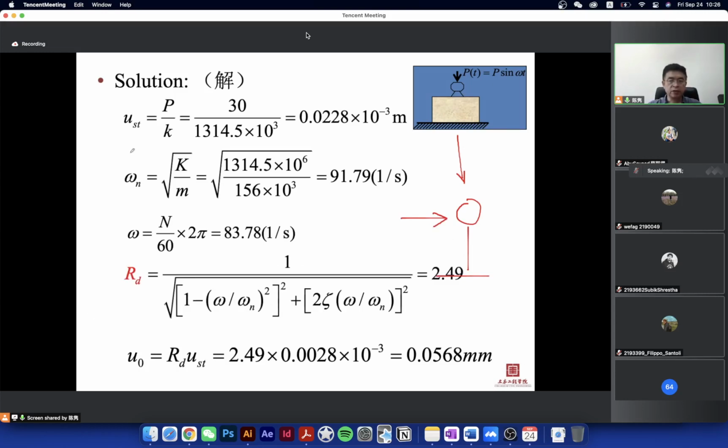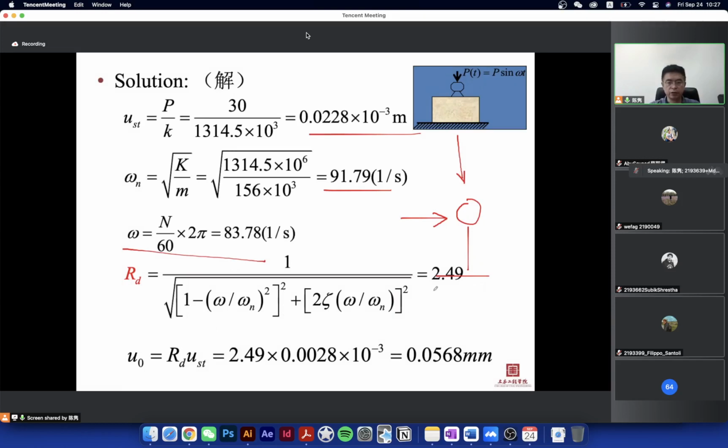So we know that the static deformation U_st will be P0 over K. So we have this value. And the natural frequency of the system should be the square root of K divided by M. We have this value. And we know the rotating speed, so we know the frequency of the external load, omega. Then with all these things, we can calculate RD, the dynamic amplification factor, which involves 1 minus beta squared again.